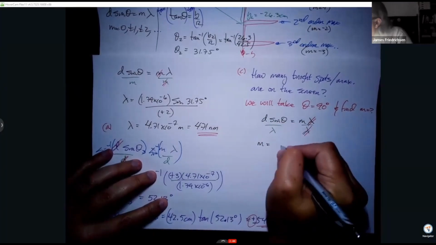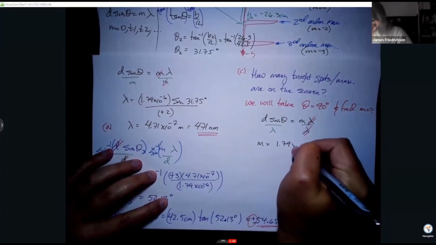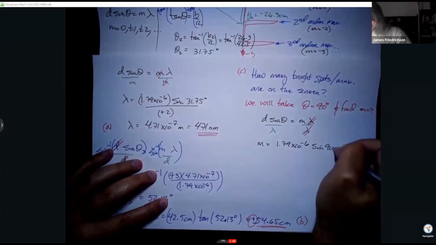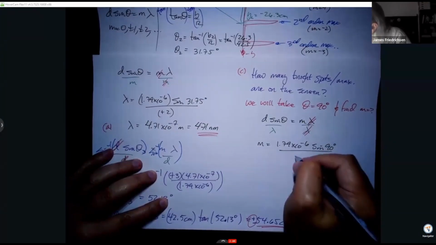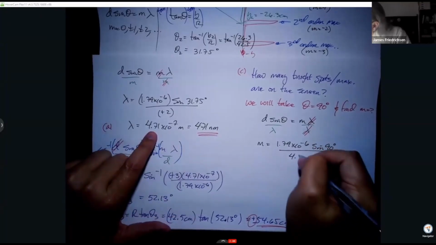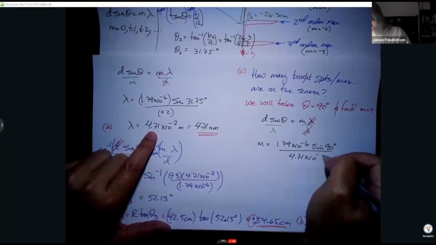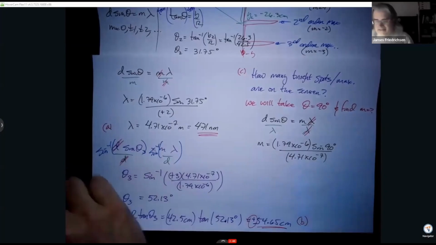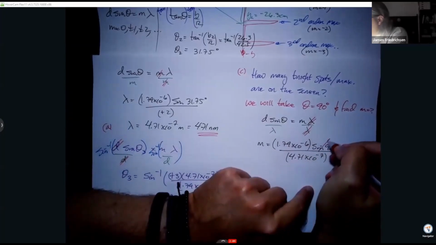The d value is our 1.79 times 10 to the -6, sine of 90 degrees, divided by lambda, which we found to be this 4.71 times 10 to the -7. And then what we get is that, well, the sine of 90 is just +1.